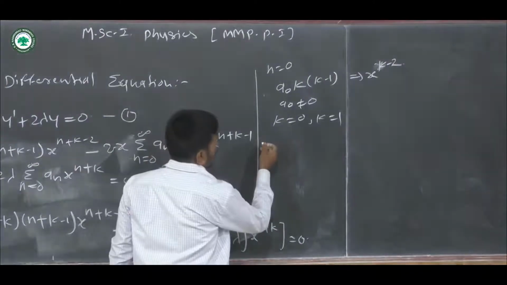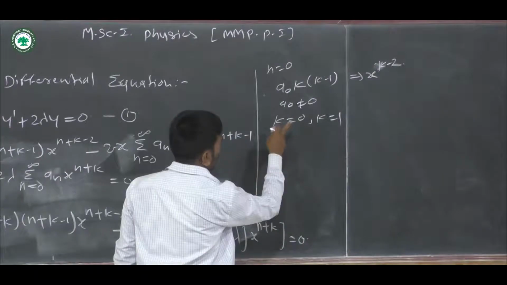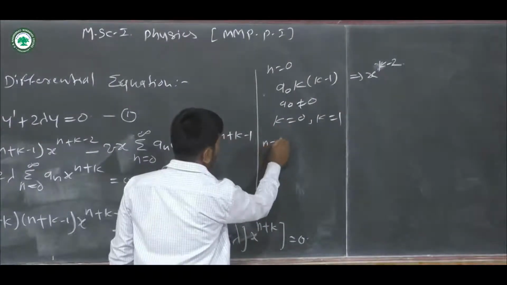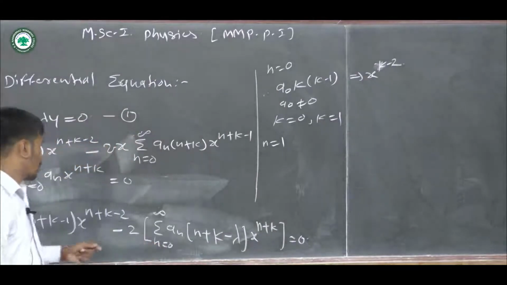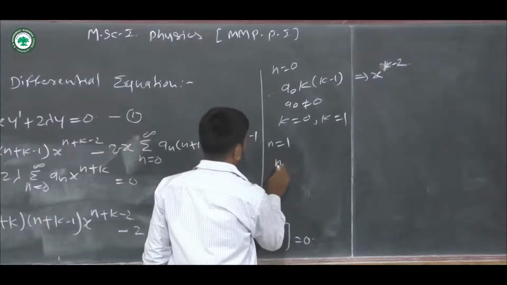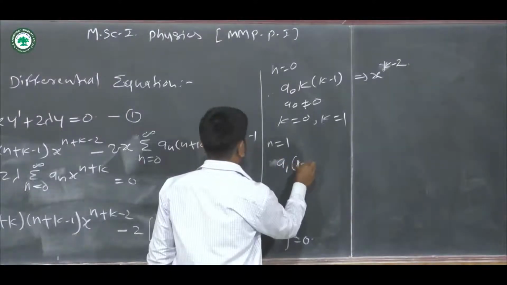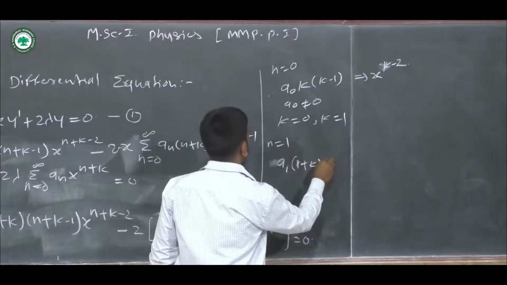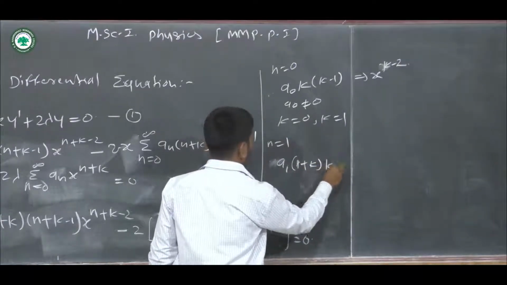Now for the next lowest term of x, if I put n is equal to 1, the coefficient of the next lowest term is a1 into 1 plus k into k.